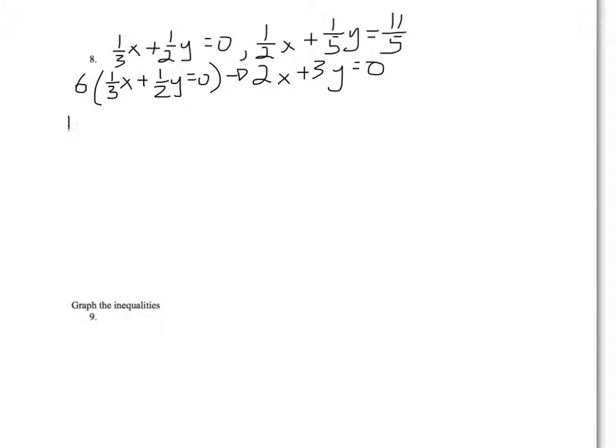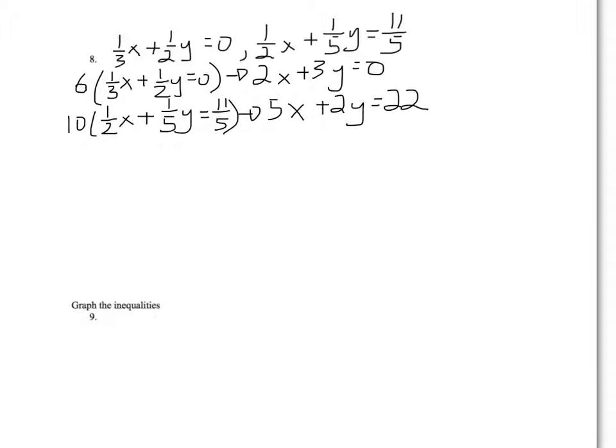And I'm going to multiply the second equation by 10, because that's the least common multiple of 2 and 5, which are the denominators in that equation. So that's going to end up with 5x plus 2y equals 22.